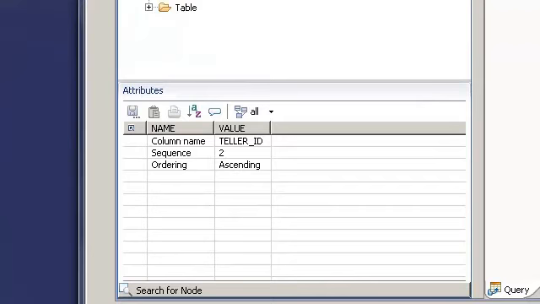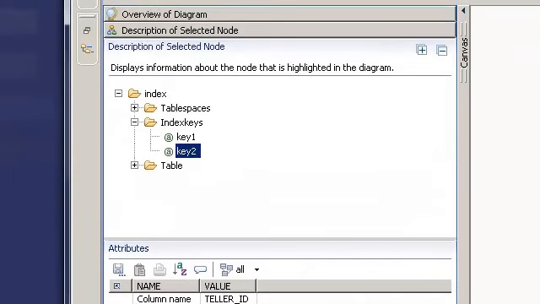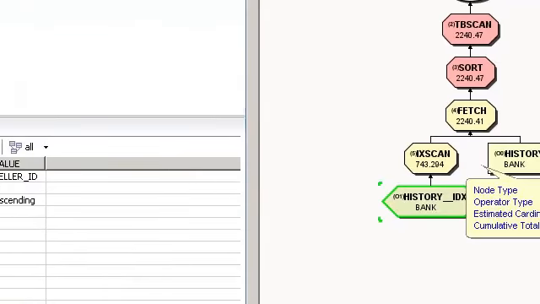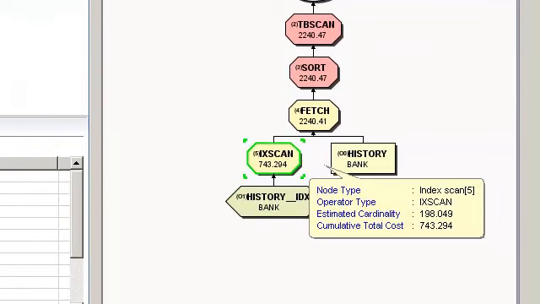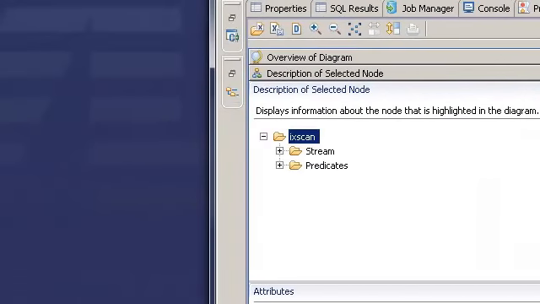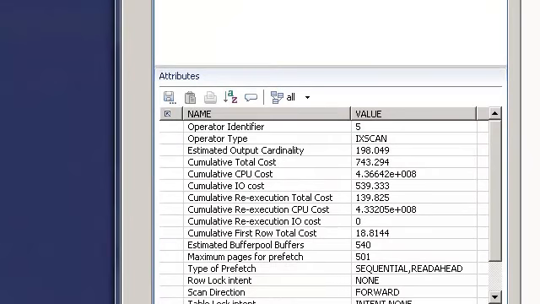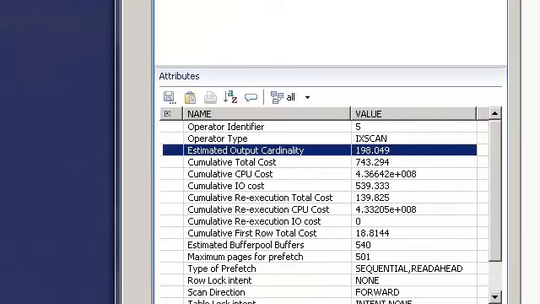So since we have a predicate on teller ID, the index has some use. First operation here in the access plan is the index scan. When we come over here and look at information about the index scan, we have the detailed information. It shows the estimated cardinality is about 200, 198.